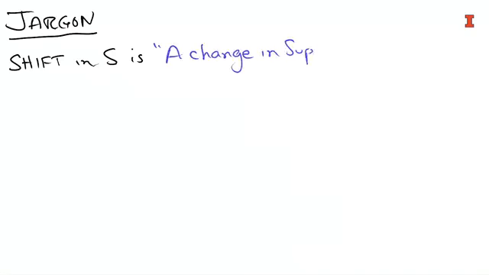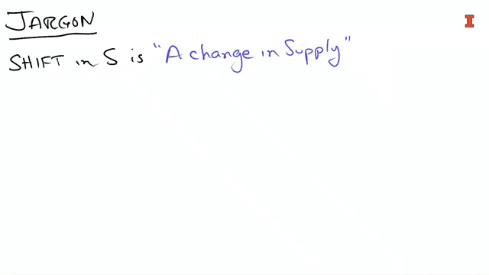Just as we did when we talked about demand, we're going to introduce some jargon. Here we're going to say that a shift in supply is known as a change in supply.